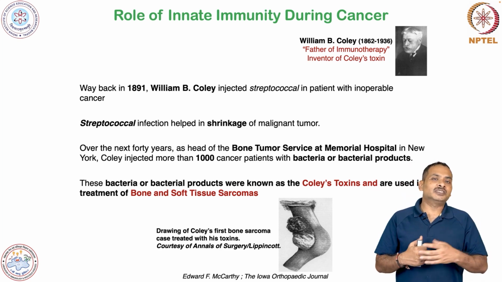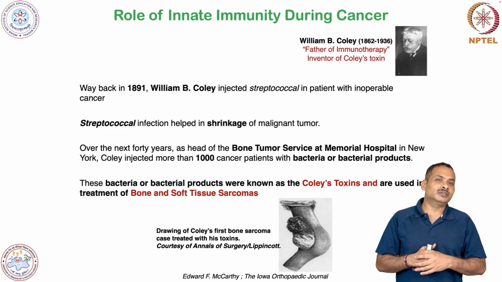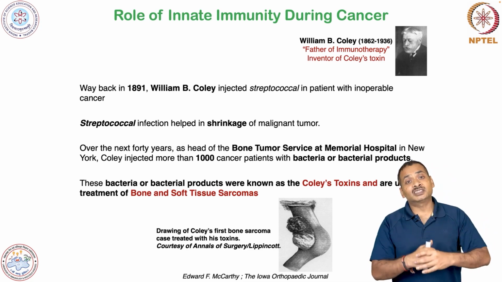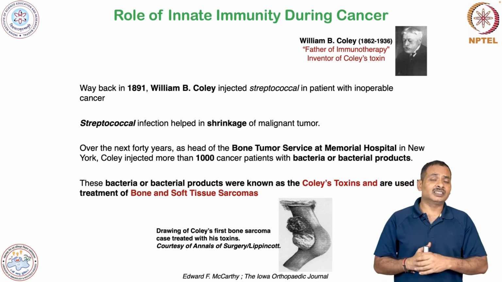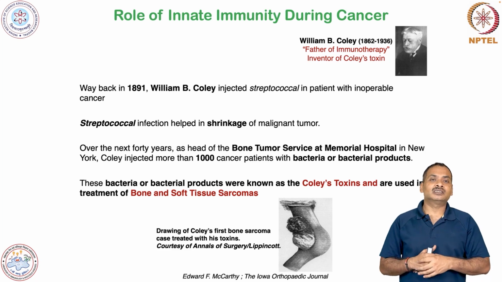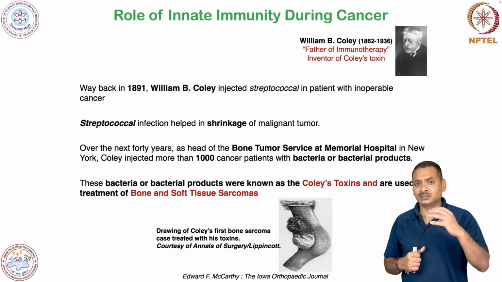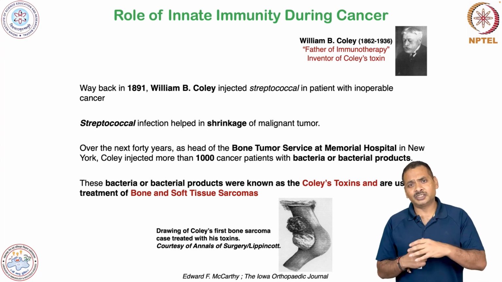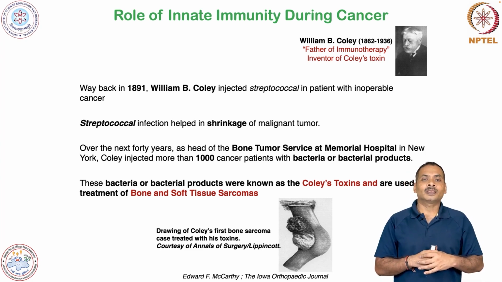And this non-specific activation of innate immunity results in the activation of specific cells such as NK cells and other cells, and that basically causes the shrinkage or elimination of this cancerous tissue.